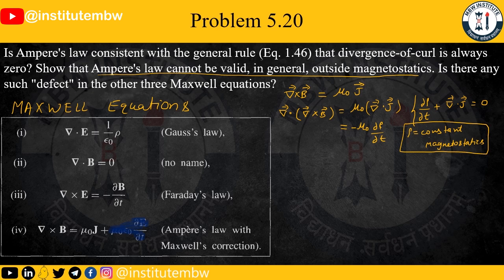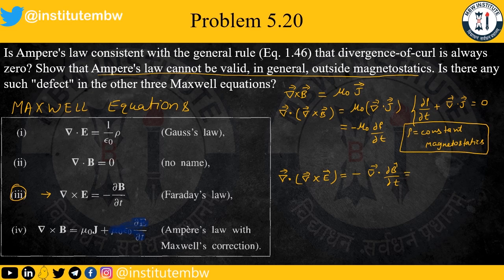First of all, we have to check whether this equation is correct or not. Let's see the third equation, that is Faraday's law. Let's take the divergence of it. Del vector dot del vector cross E vector is equal to minus del vector dot del B vector over del t.